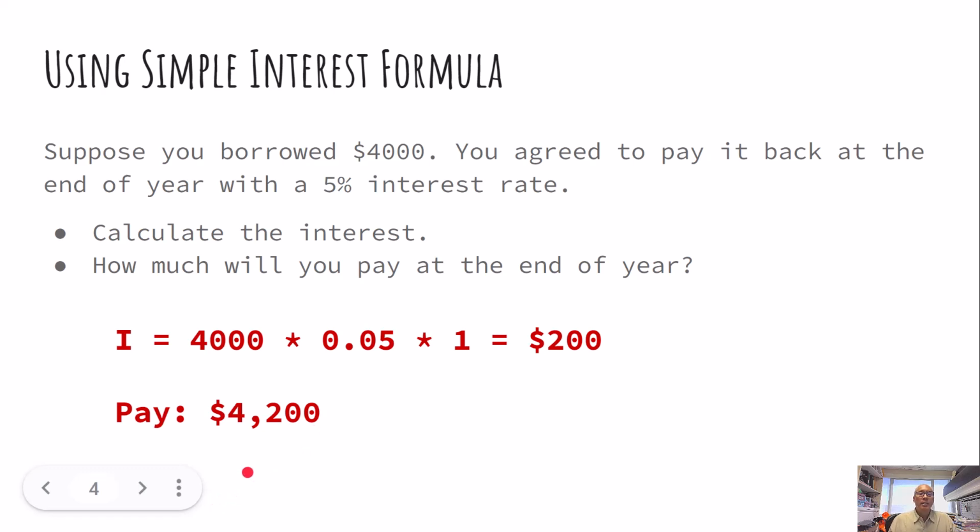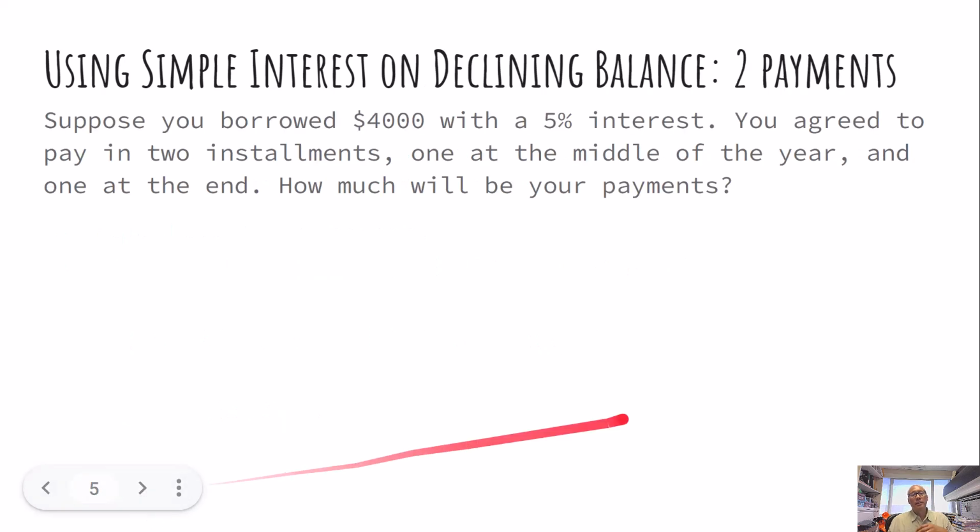All right, so let's take a look at the scenario where you might be paying off one time in the middle of the year and one time at the end of the year. So again, let's suppose you borrowed $4,000 on January 1st with a 5% interest. But now instead of just paying one time at the end of the year, let's imagine that you're going to have 2 installment payments.